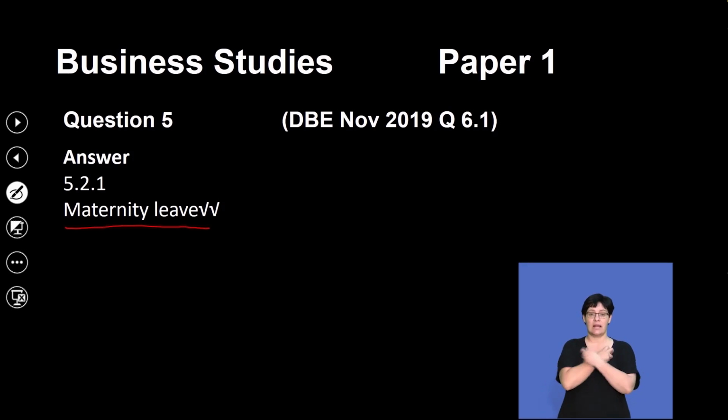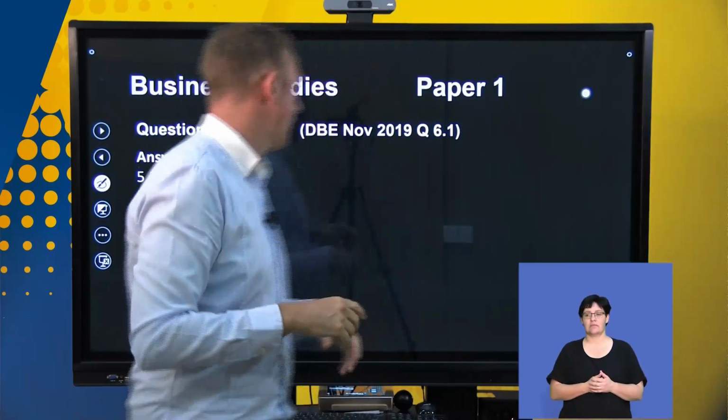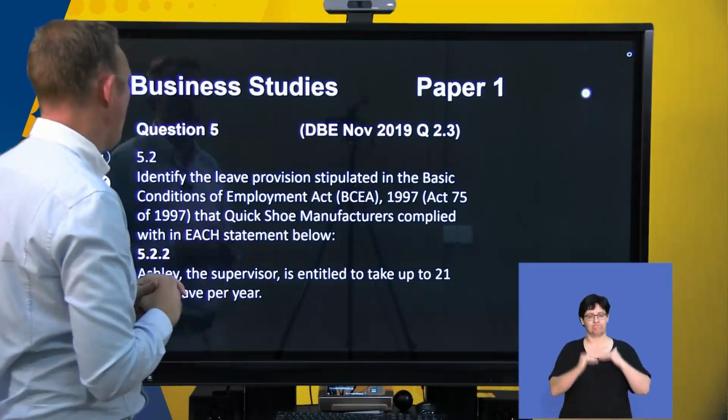Right? So maternity leave is entitled to women when they give birth to a child, or even if they adopt a newborn child, they're entitled to 4 consecutive months of leave from the company. All right, let's look at our next one.